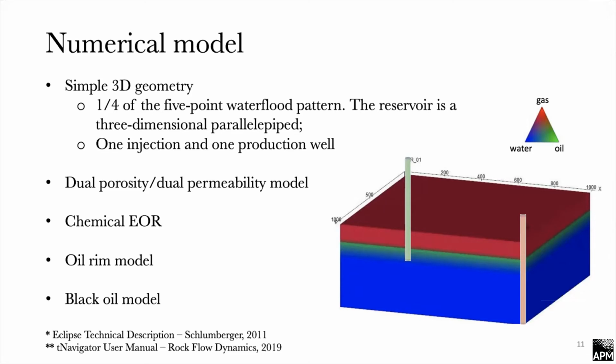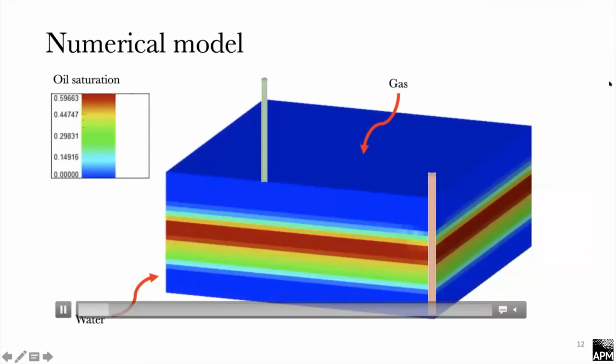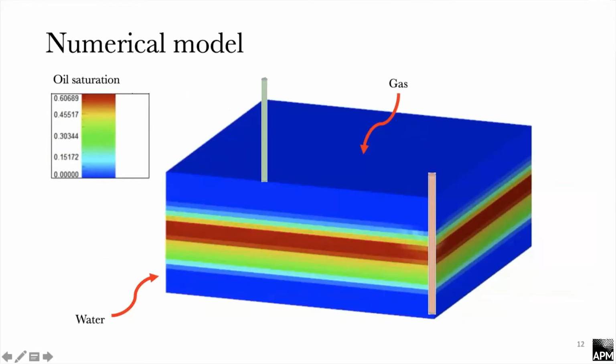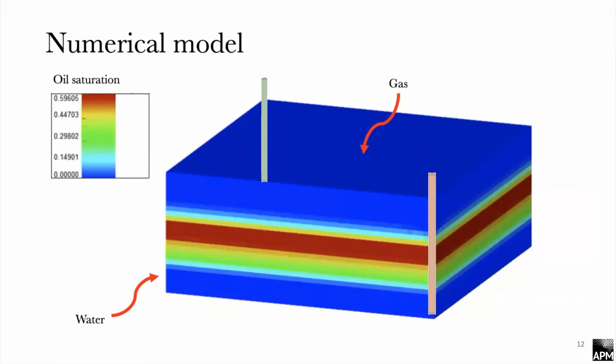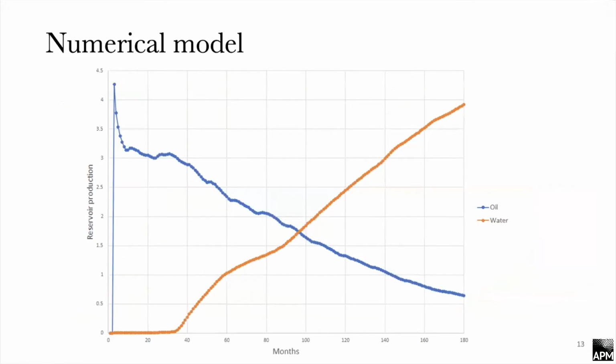So just very simple geometry to work with. And here I think you should see the video of how it goes in this simple case. So we pump some chemicals into the reservoir, and you can see how saturation changes with time in this case. And what we have is some dependence, for example, the oil and water dependence on time, that we can work with.